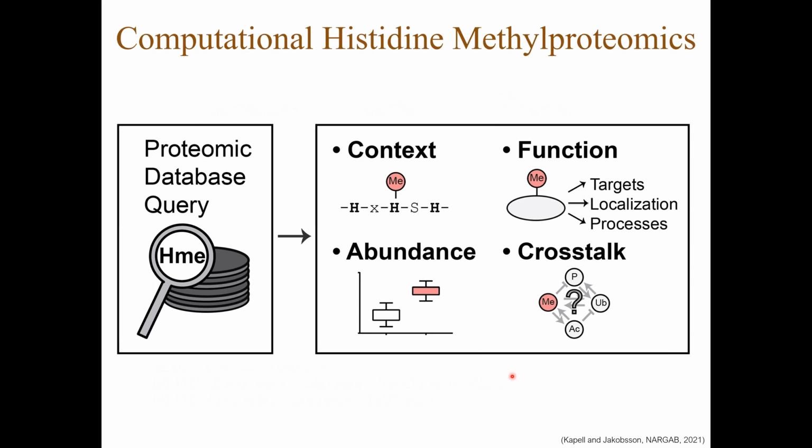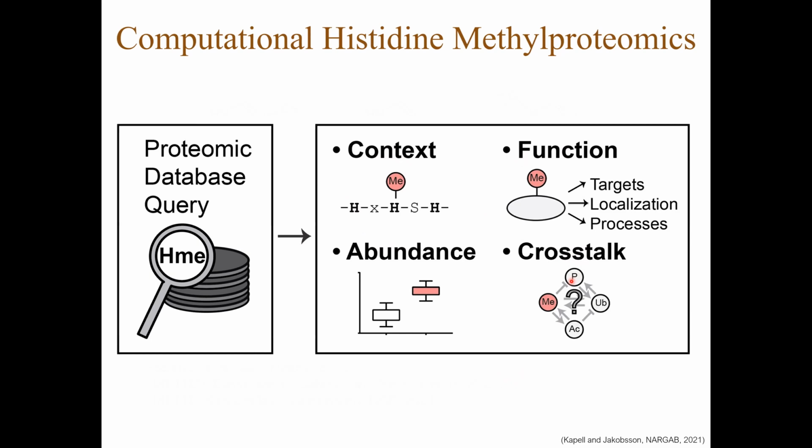And this allowed us to generate a database of histidine methylated sites in cells that we could then use to explore some fundamental characteristics of the PTM. And here we looked into the context and the function, the abundance, and also how histidine methylation crosstalks with other key cellular PTMs.